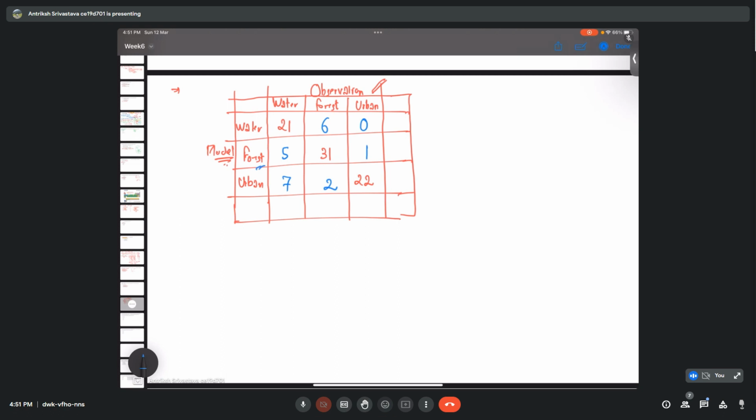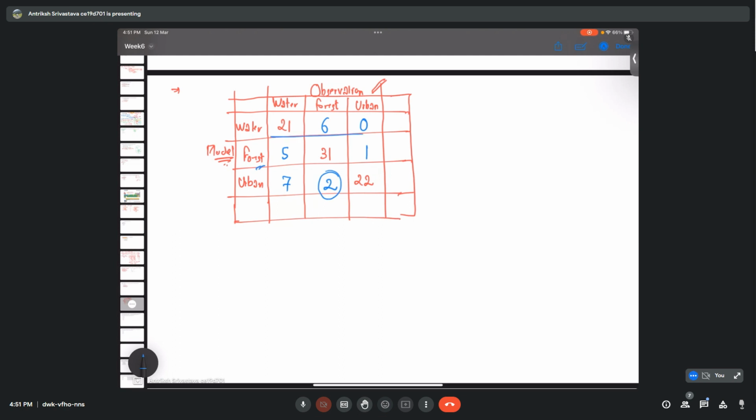So you can see the 2 is for what? What do you think 2 represents? Can you write it in the comment, or you can unmute your mic and speak. What does 2 represent? What was it, and what was it classified into? By the time you type it or you want to speak, I will write the totals.